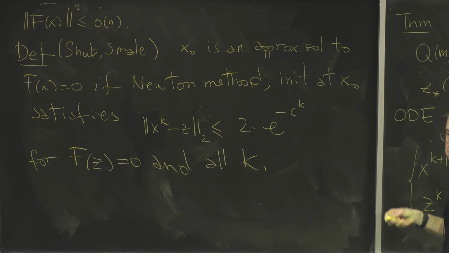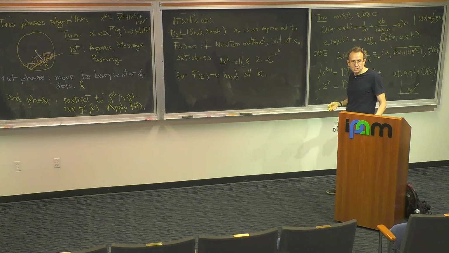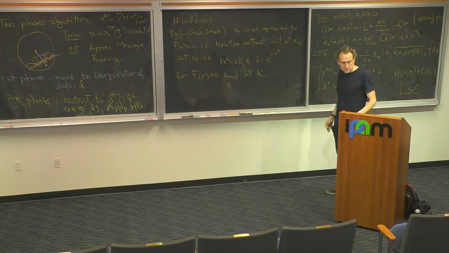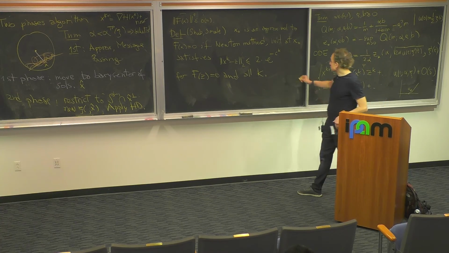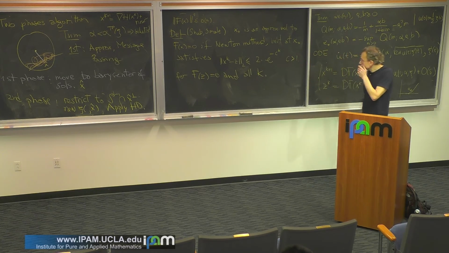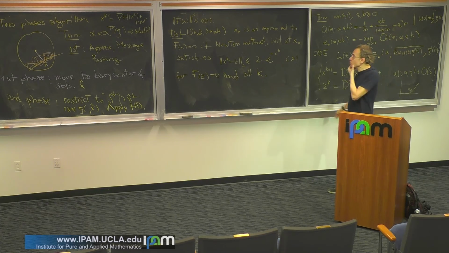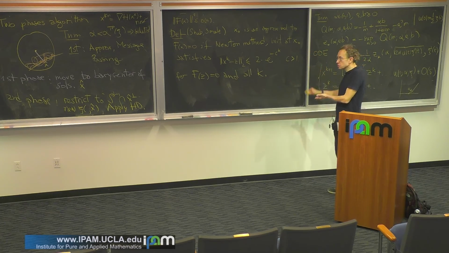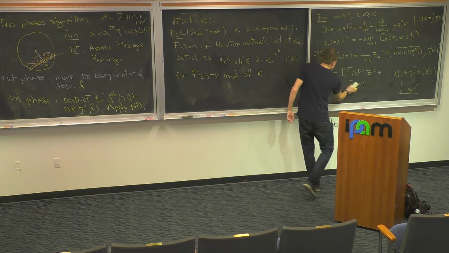So I say that the problem is solved if I can find one initialization after which I run Newton's method and it converges doubly exponentially, for some constant c. So the question is, can we find approximate solutions in the sense of Smale? And this is the last theorem.